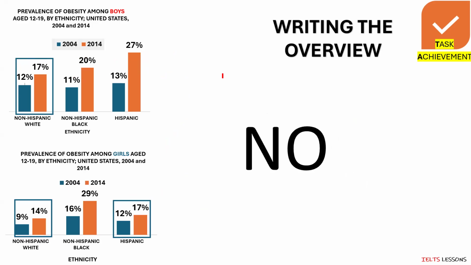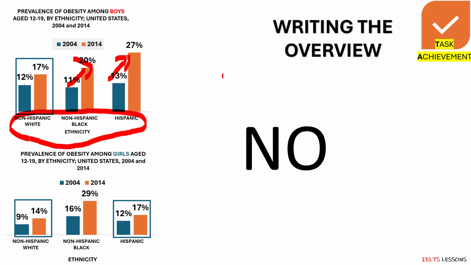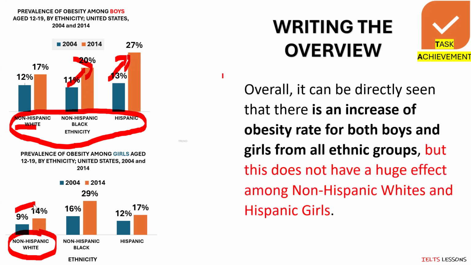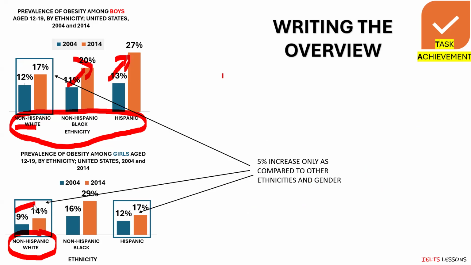The answer there is no. As you can see here, although there is a growth of obesity in both genders, boys and girls, in different ethnic groups, the least affected ones are those in non-Hispanic white, which shows only a 5% increase as compared to other ethnicities and genders.